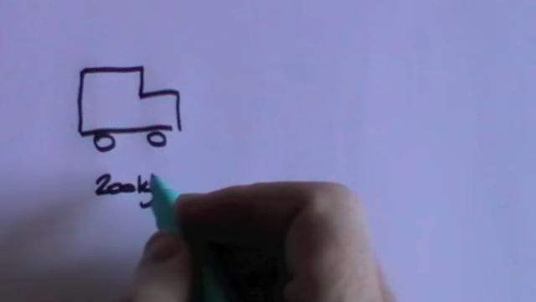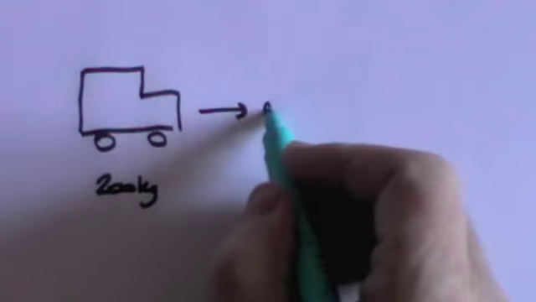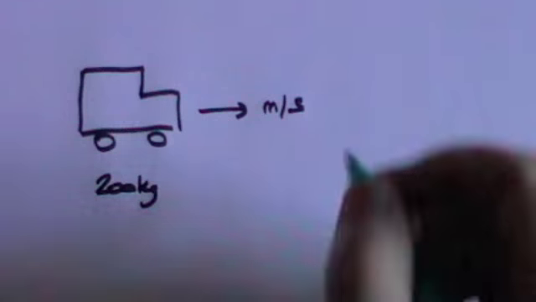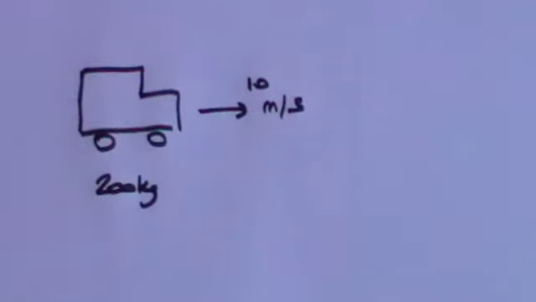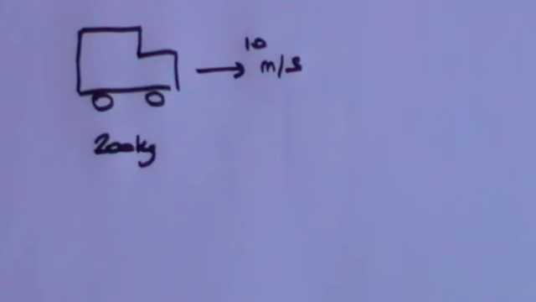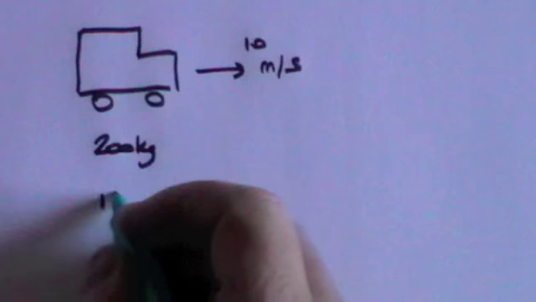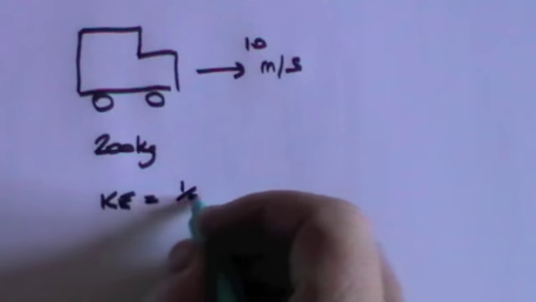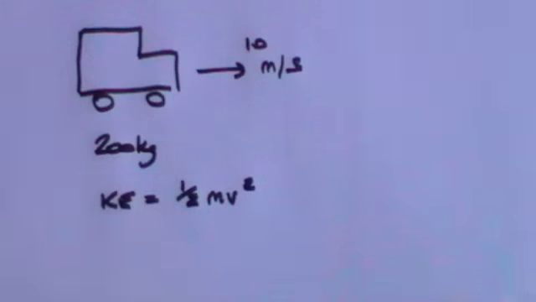Here's another question. A car is travelling along the road. The car has a mass of 200 kilograms and it's travelling at a speed of 10 meters per second. What is its kinetic energy? Well, that's fairly straightforward. Kinetic energy is a half mv squared.